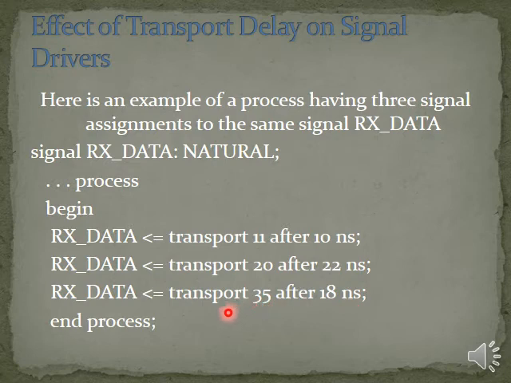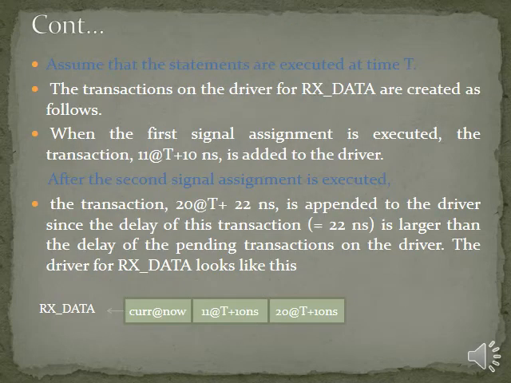In the effect of the transport delay on signal drivers, if this delay is less than the previous delay, this delay replaces the previous one. Just go through this one.